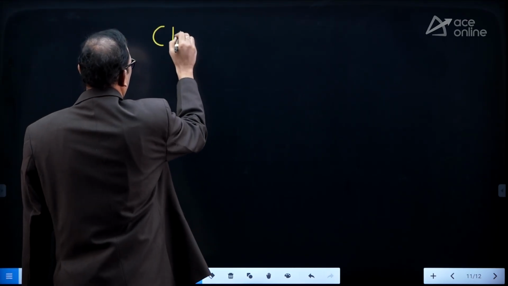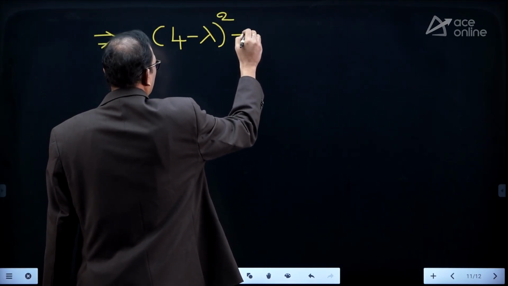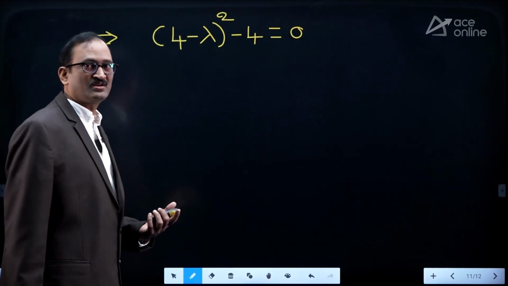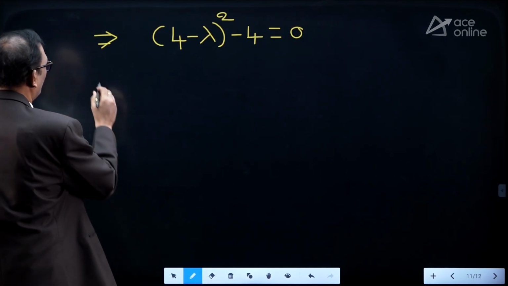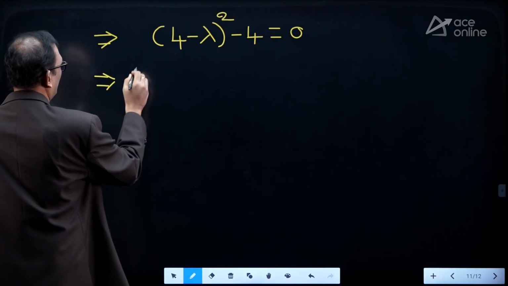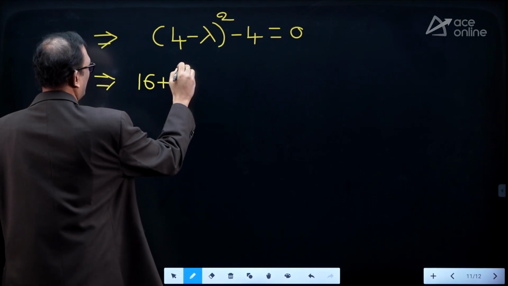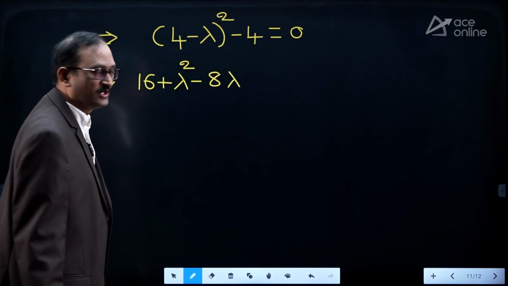The equation determinant of A minus lambda I equal to 0 is called the characteristic equation. Its roots are called eigenvalues, also called characteristic roots. Using the formula (a minus b) whole square, 4 square plus lambda square minus 2ab, that is minus 8 lambda, minus 4 equal to 0.